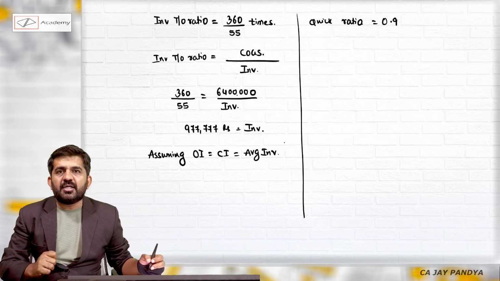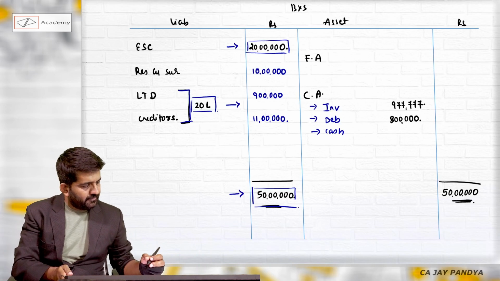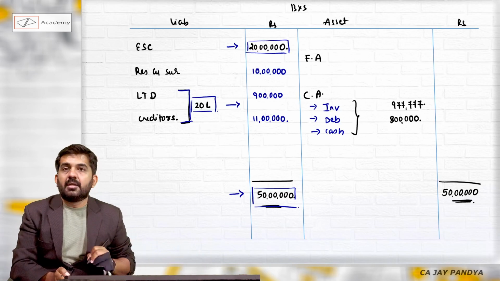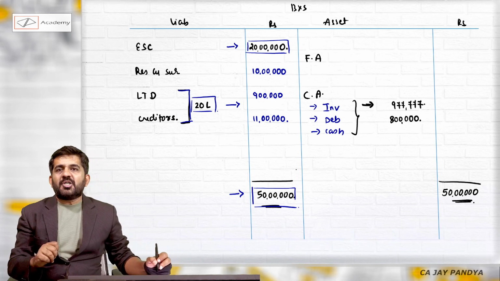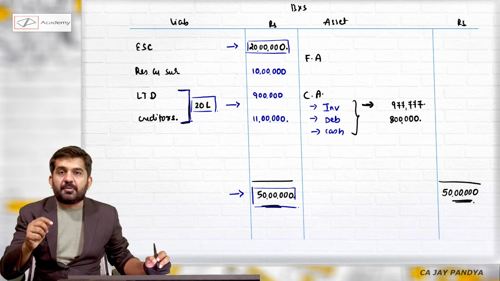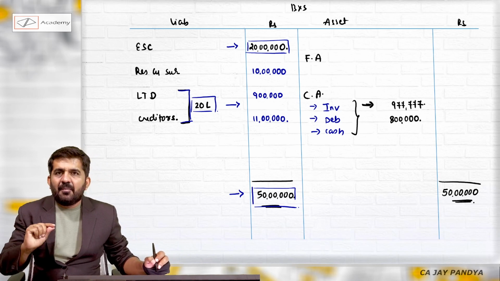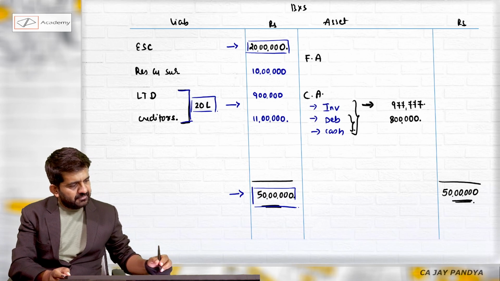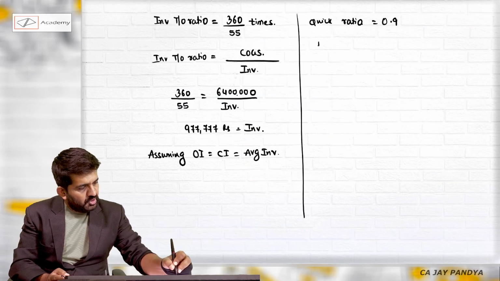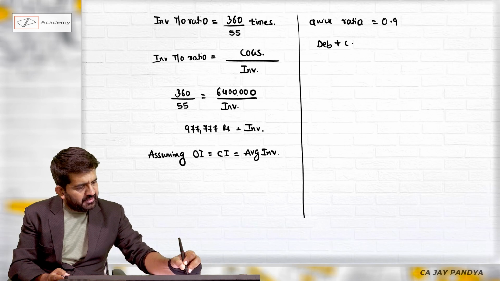It is total current assets minus stock. Total current asset is stock plus debtors plus cash, minus stock is nothing but debtors plus cash. So in numerator, debtors plus cash.